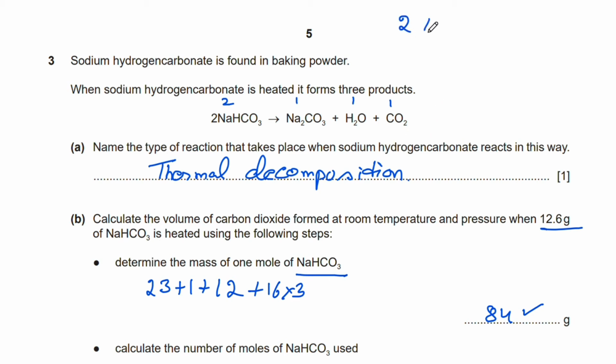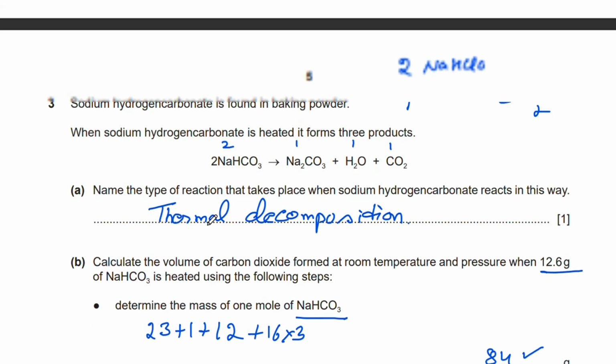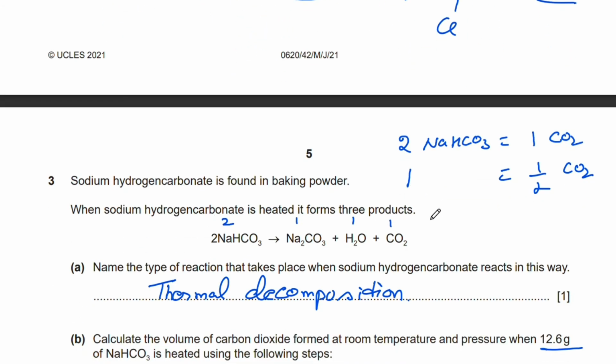So 1 mole of NaHCO3 will produce half a mole of CO2, and 0.15 moles of NaHCO3 will produce 1 by 2 into 0.15, which is 0.075 moles.